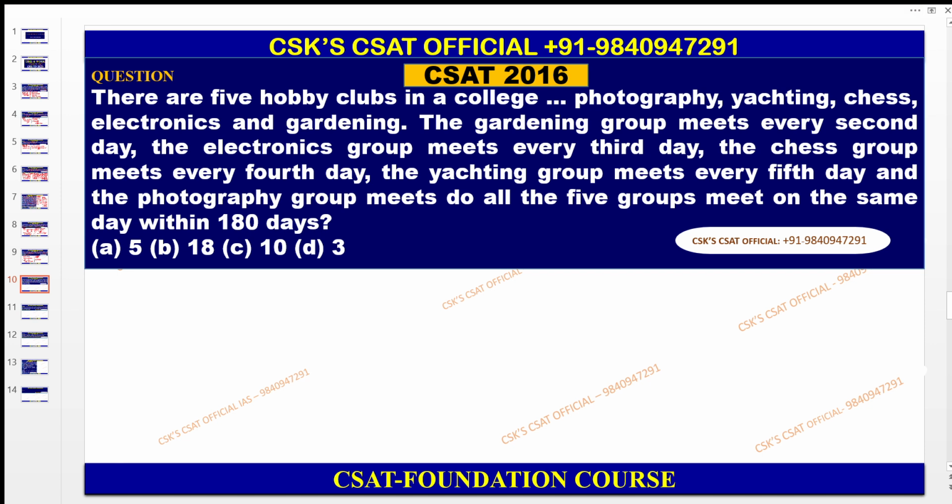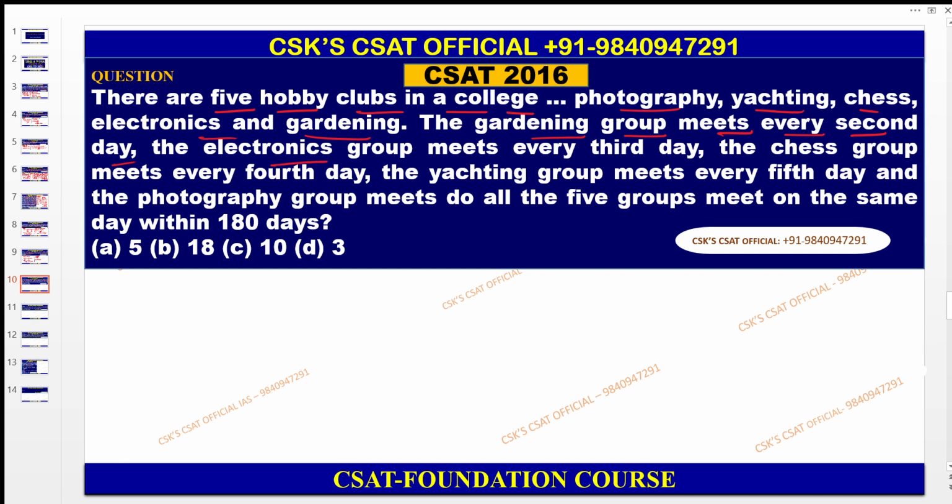There are 5 hobby clubs in a college: photography, archery, chess, electronics, and gardening. The gardening group meets every second day.